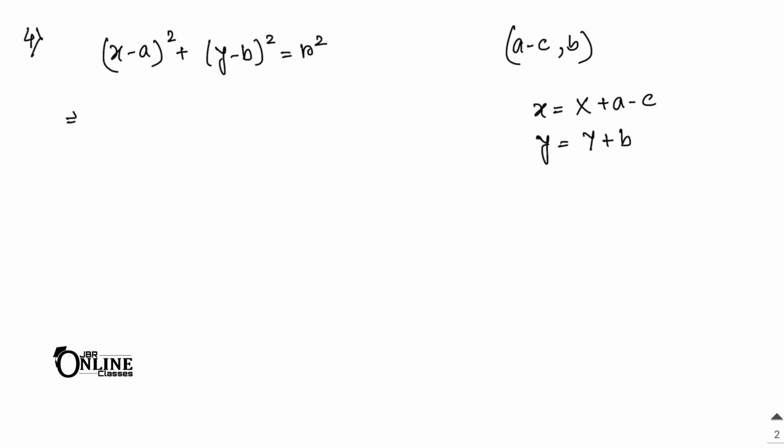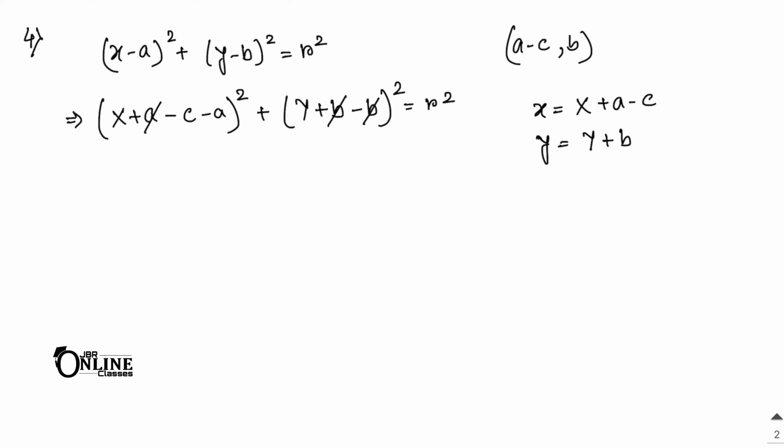So just replace it. Here it will be X plus a minus c minus a whole square, and capital Y plus b minus b whole square, equals r square. So b cancels out, a cancels out. So it will be X minus c whole square plus capital Y square equals r square. That is your answer.